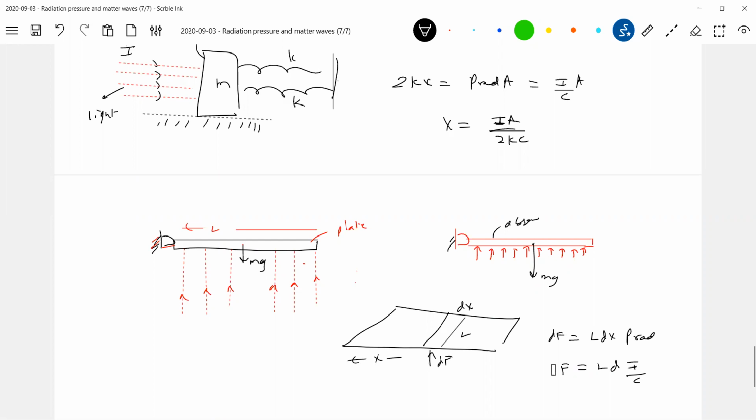This will set up a torque. So the net torque should be 0. Torque due to weight, mg into L by 2, clockwise. Torque due to this, integral of df into x.